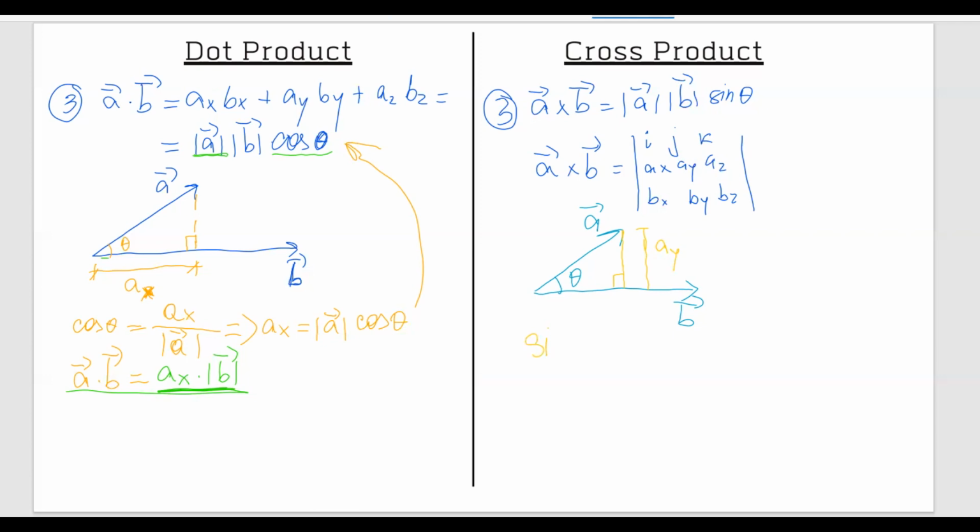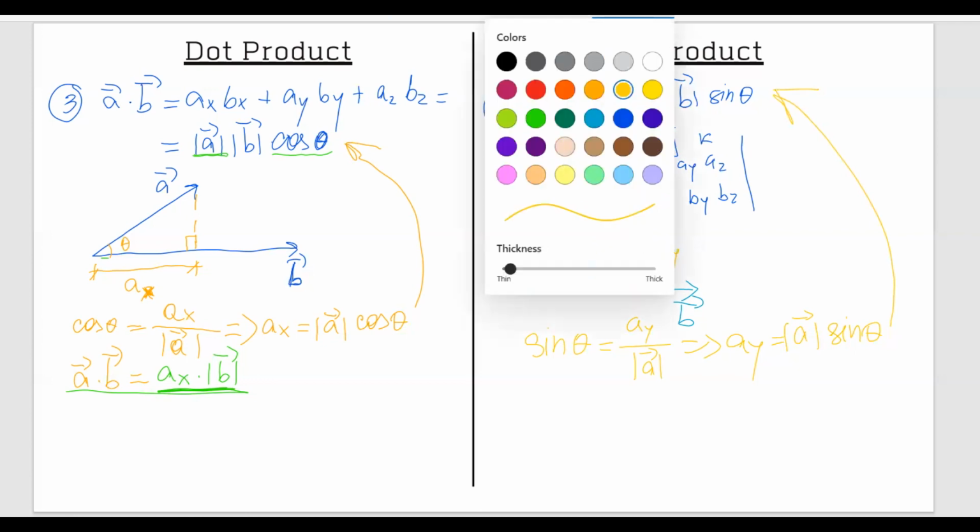If I do sine theta within this right triangle, I'll get the opposite, which is AY over the magnitude of vector A. And from here, AY is equal to the magnitude of vector A times sine theta.